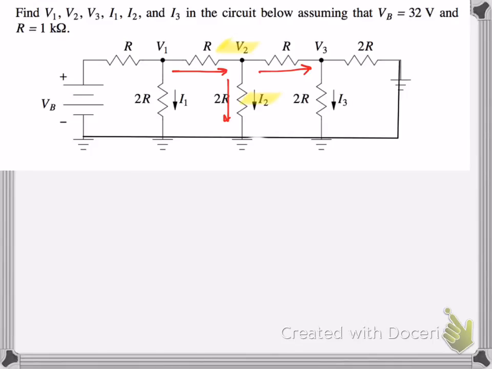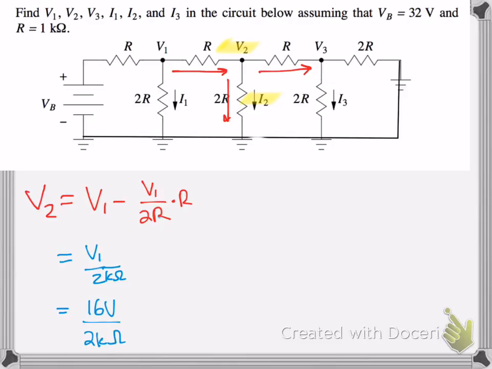So same thing. Let's look at the voltage first. The voltage is V1 minus the voltage going through, or excuse me, that part's the current. The current going through the resistor would be V1 over 2R, and then multiplied by the resistor R. So that would just simply give you V1 over 2 kilo ohms, and that is 16 over 2 kilo ohms, since we know that V1 is 16, and then V2 is simply 8 volts.